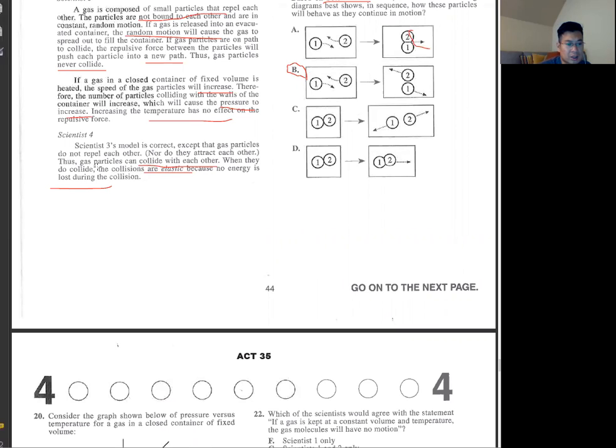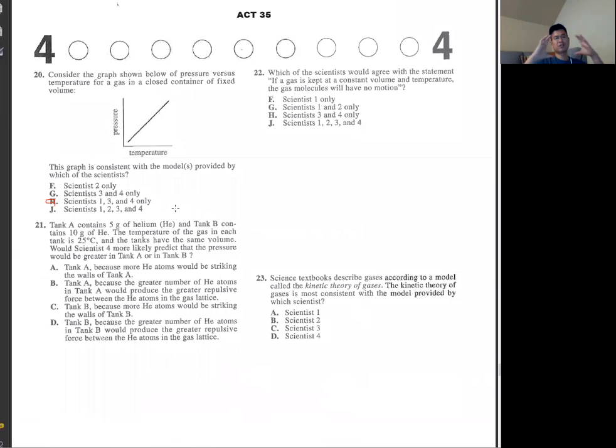it says, third line, gas particles can collide with each other. When they do collide, the collisions are elastic because no energy is lost during the collision. In a fixed container, the particles are moving around, and the pressure is going to build up more.